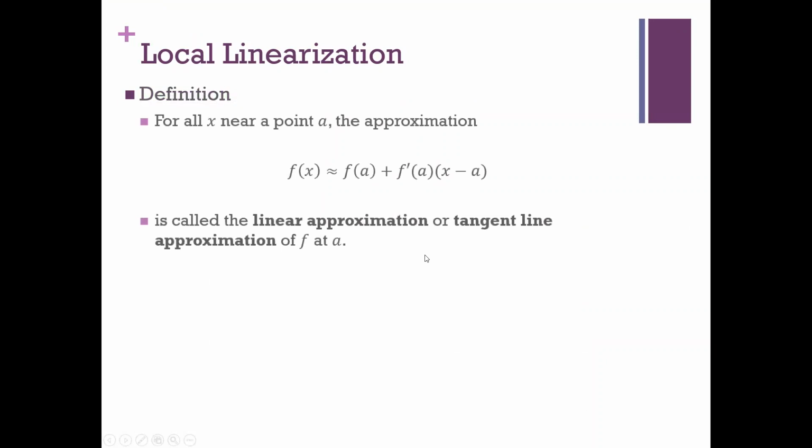From that idea comes the idea of local linearization. I can use derivatives to approximate a function around a certain point like a straight line. Notice this equal sign here. I'm not promising equality for any x once you've left the point that I care about.